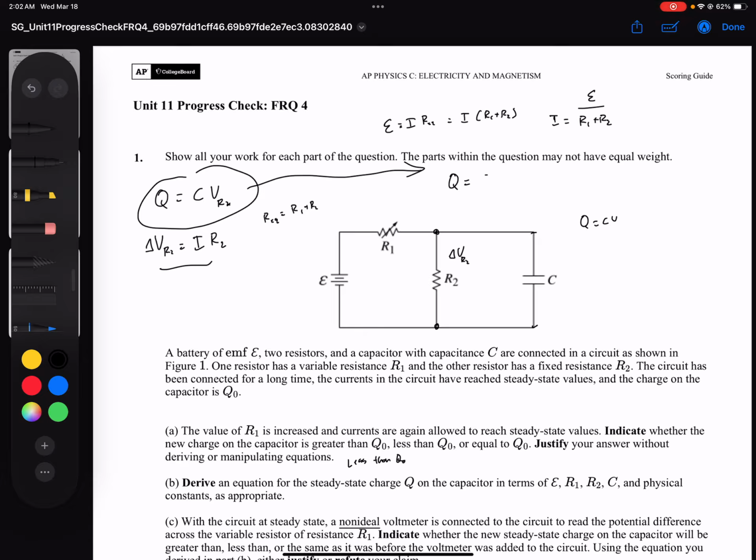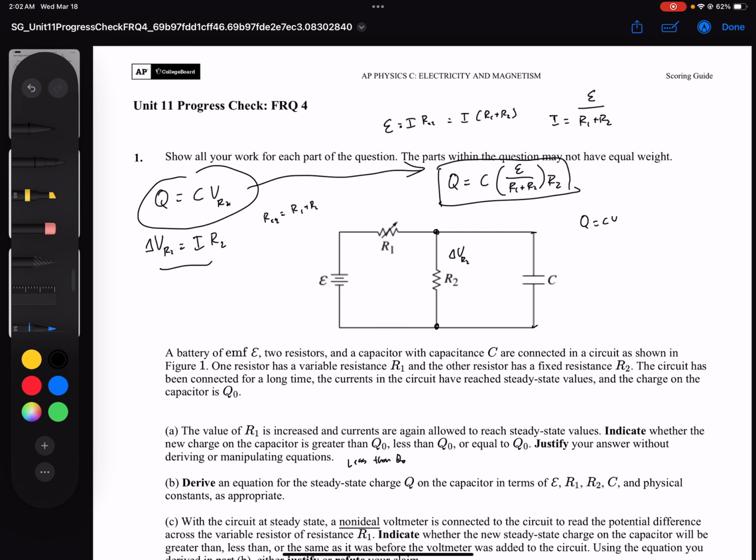So I'm going to write C times I, which is epsilon over R1 plus R2, all times R2. And that's the answer. So that's going to be the steady state charge on the capacitor, this expression right here.